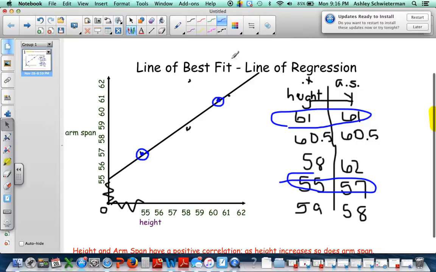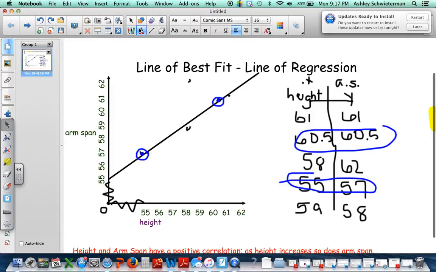No, that one was 60.5, 60.5. Alright, so we're saying that those are the 2 points on it, and I marked them so that I know which ones you've chosen. And then all I'm doing is creating a line from those 2 points. And we're going to make it a line in slope-intercept form.